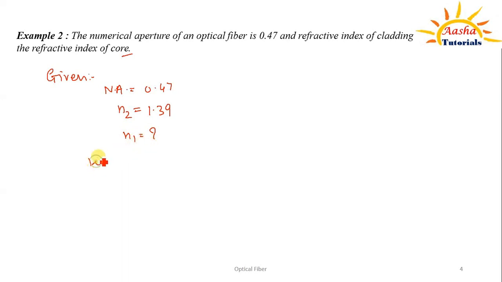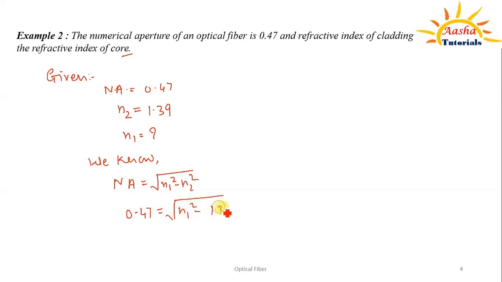So again we can use the relation of numerical aperture. As we know, numerical aperture is equal to root of n1 square minus n2 square. NA, that is numerical aperture, is given as 0.47, and that is equal to root of n1 square minus n2, which is given as 1.39, square of that.